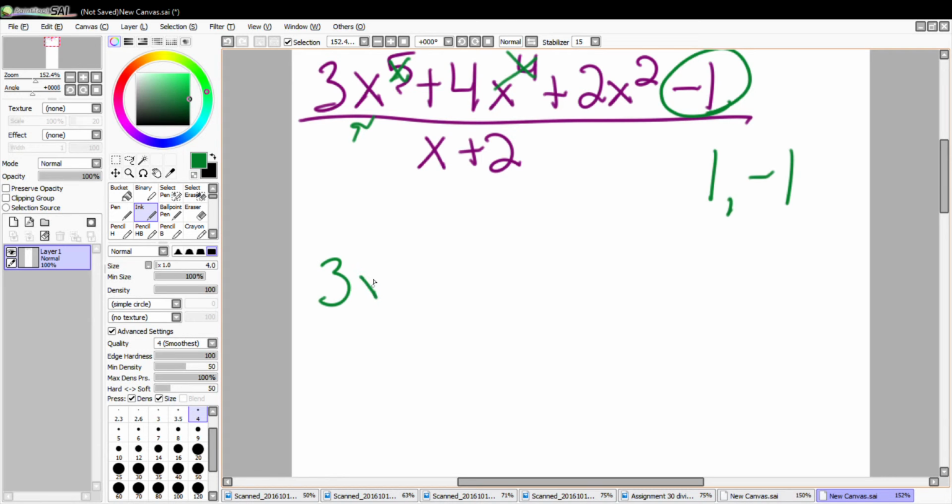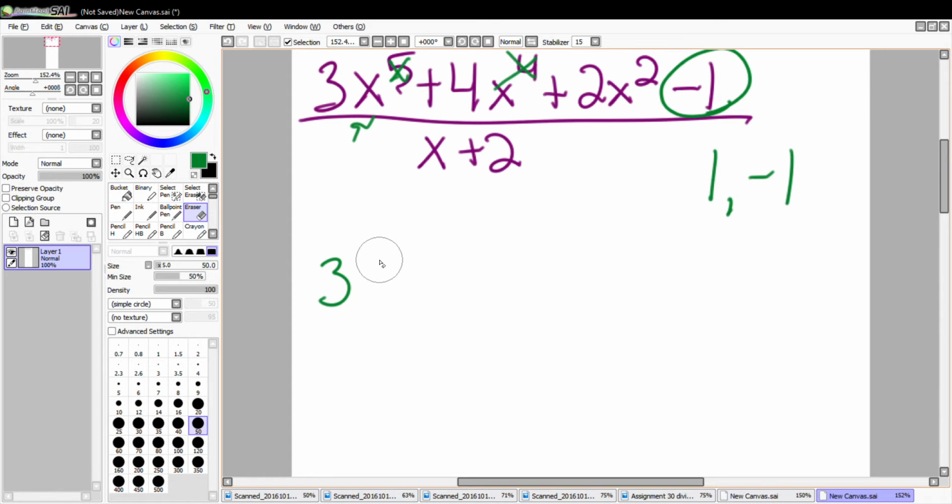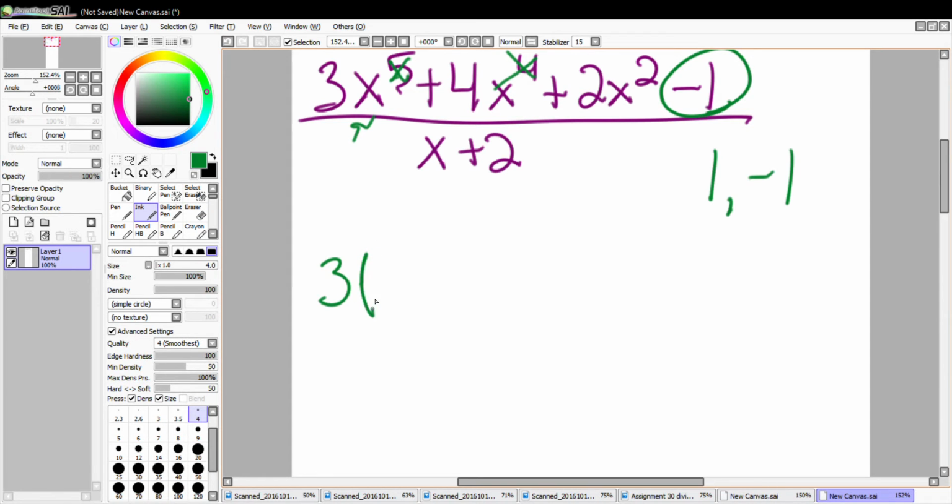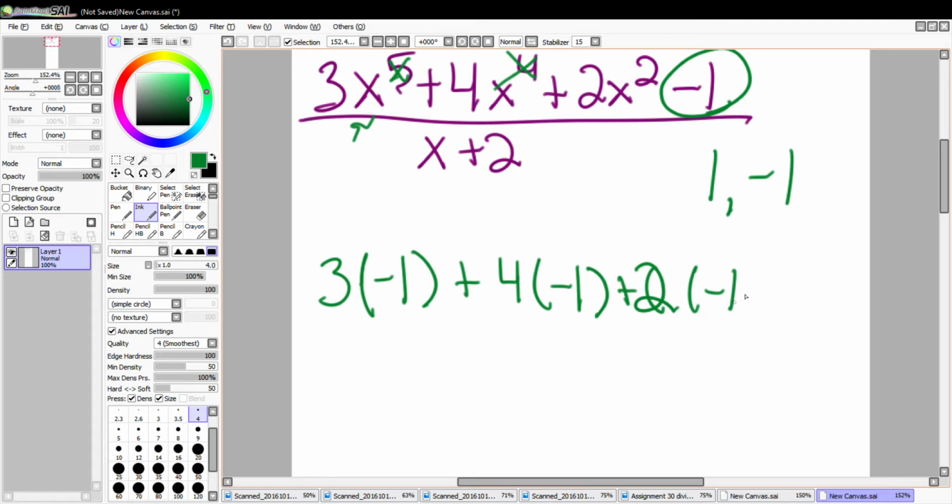We could just do 3 times, let's try -1 plus 4 times -1 plus 2 times -1 minus 1. And as you know, these are all just going to turn them into negatives.